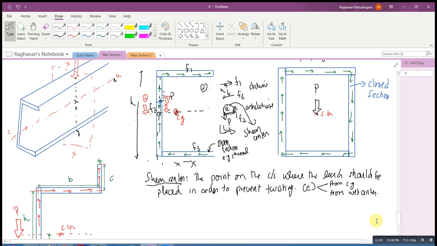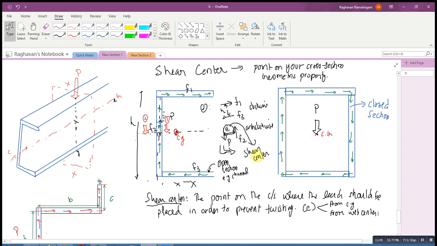Now, if it was a closed section like this, and I take moments about some point over here, I see that it has a continuous flow of shear.